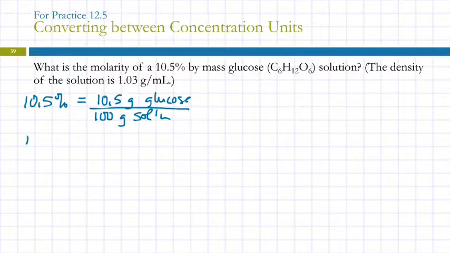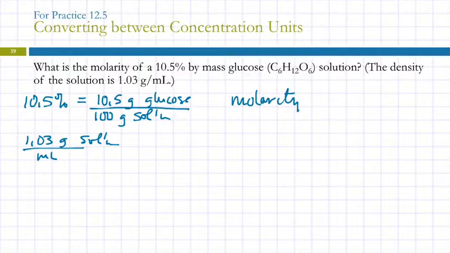We're given the density, 1.03 grams per milliliter. That is the density of the solution. What do we need to find to get molarity? Molarity equals moles of glucose divided by liters of solution.